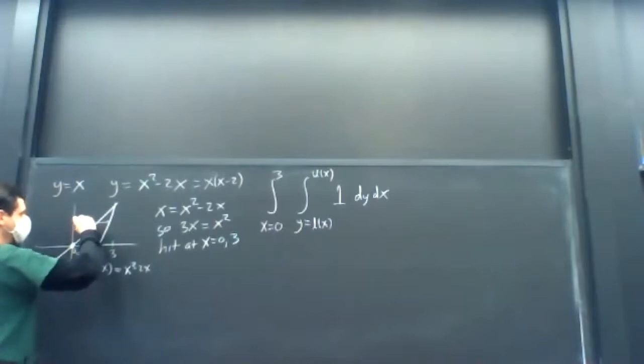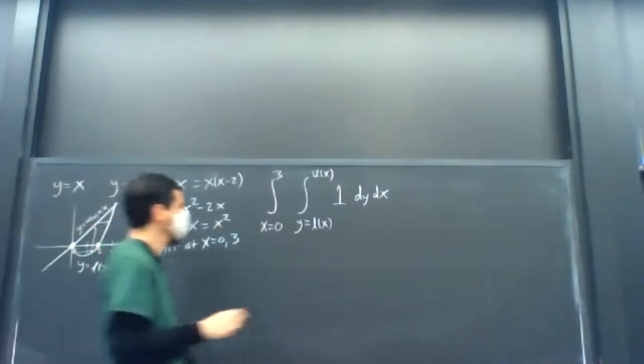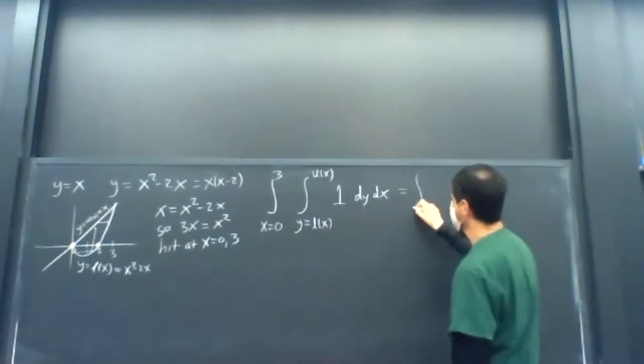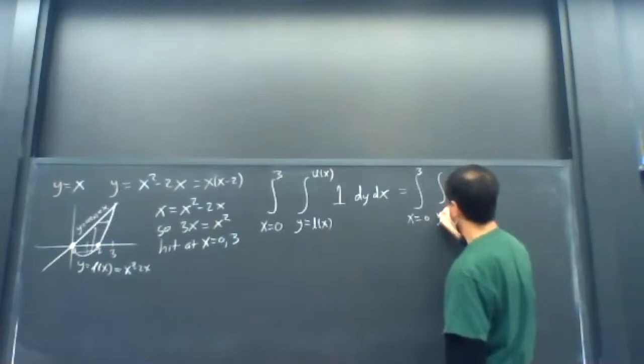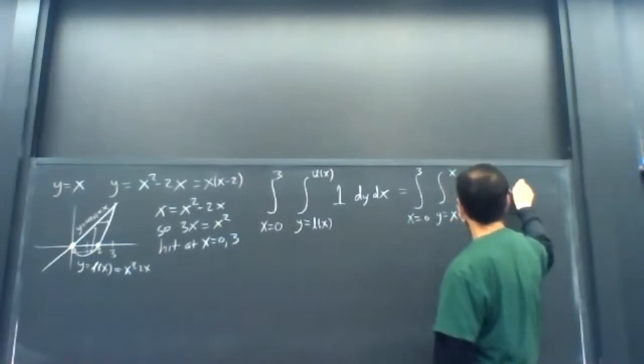And for the upper one, y equals upper of x, it would just be x. Everything's presented beautifully for something like this. And this would just be the integral x goes from 0 to 3, integral y goes from x squared minus 2x to x, of 1 dy dx.